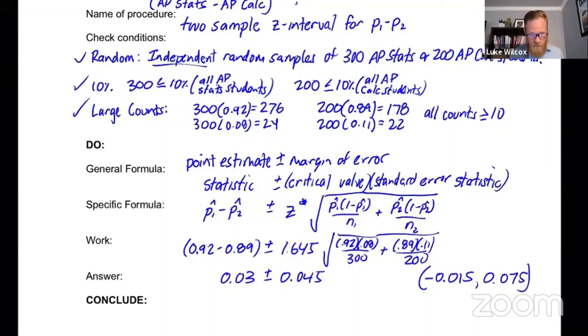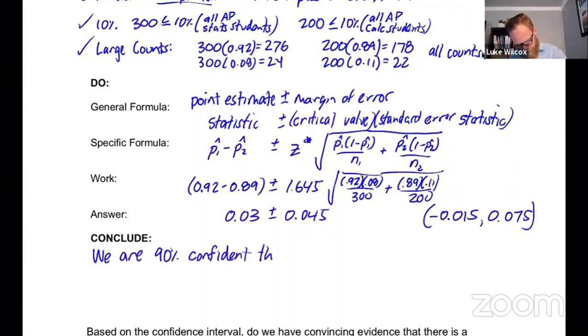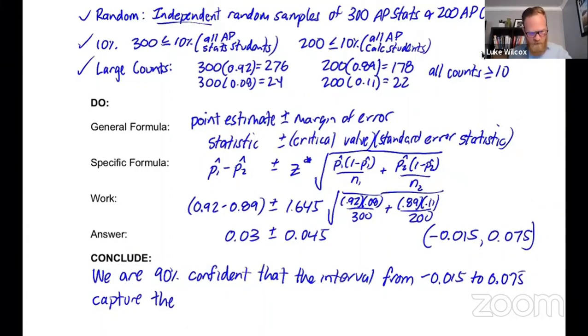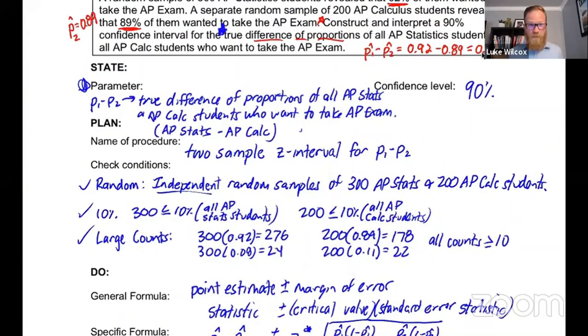And we are ready to make a conclusion. So we know the general format of this. It's going to say, we are 90% confident that the interval from negative 0.015 to 0.075 captures the, now the thing that we want to capture, remember, is the parameter, which really just comes from the stem of the problem, word for word.